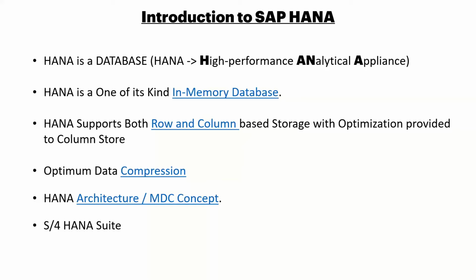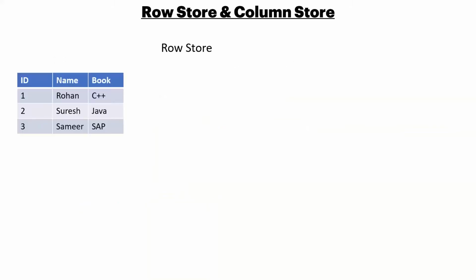Okay, let's look at what a row store and column store is so that you get a better understanding of this. So I've taken a small data set here. Okay, this is a small data set of a library where you have an ID, a first name, and the name of the book which has been borrowed, right? Now, in a row store mechanism, all these rows become one record. Okay, so this is actually how you see it when you display the data, right?